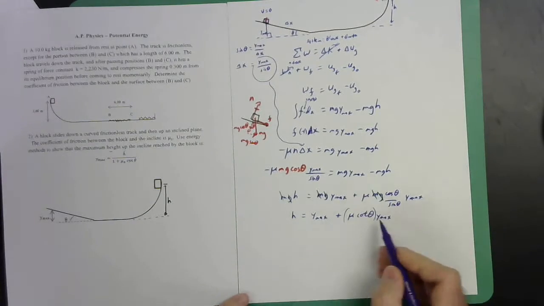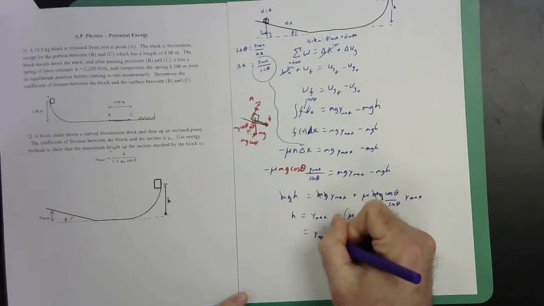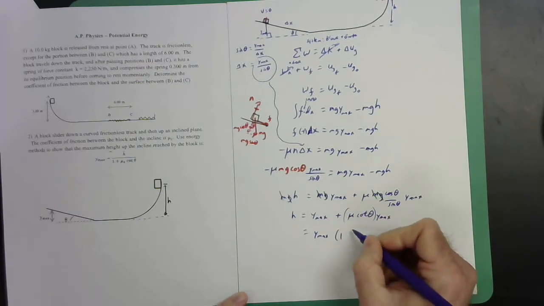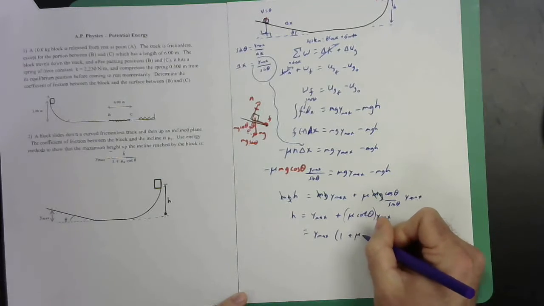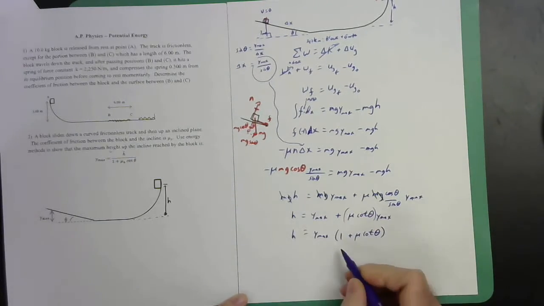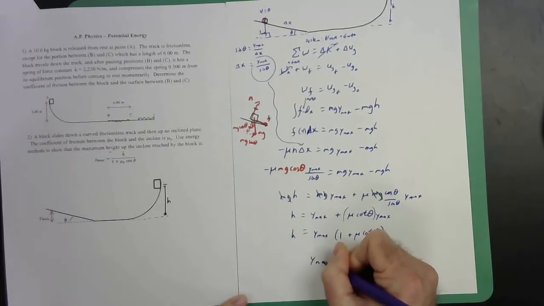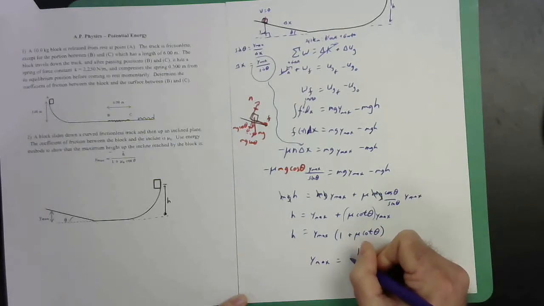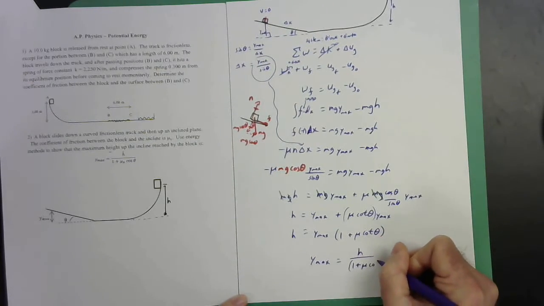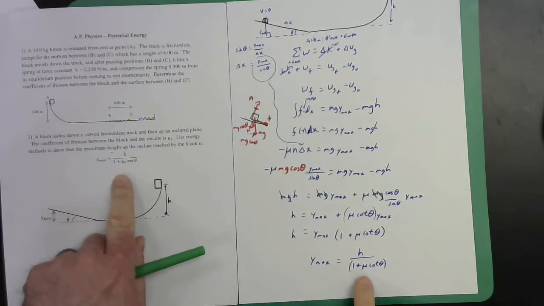You're like, okay, let's factor y max out of the side. Y max times 1 plus mu cotangent theta. And finally, let's move this underneath that side, and we have our expression that y max is h over 1 plus mu cotangent theta, which is what they wanted us to show.